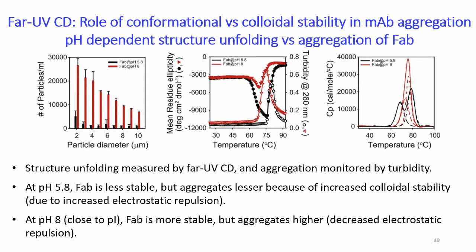So this experiment shows that colloidal stability is playing a major role in mAb aggregation, or particularly Fab aggregation. The left panel shows the aggregation data from microflow imaging, and the right panel shows the differential scanning calorimetry, DSC, data, showing how the Fab stability varies as a function of pH.